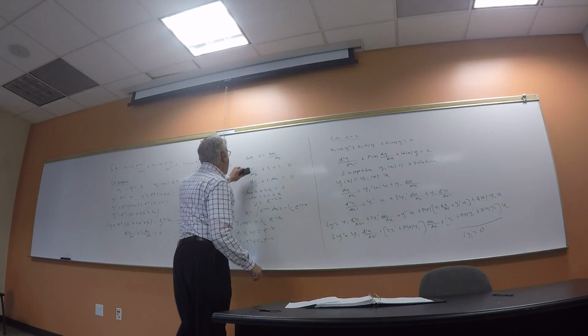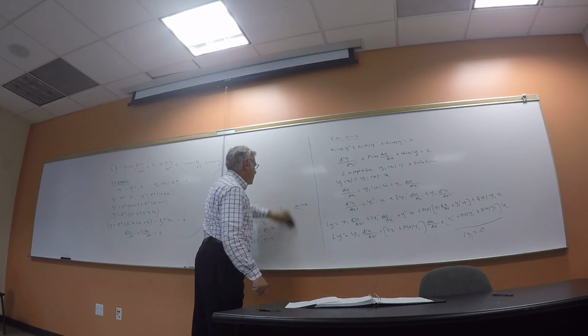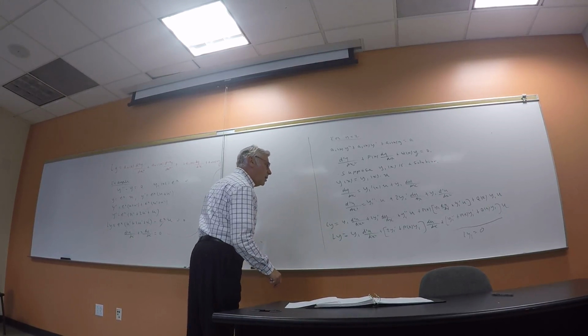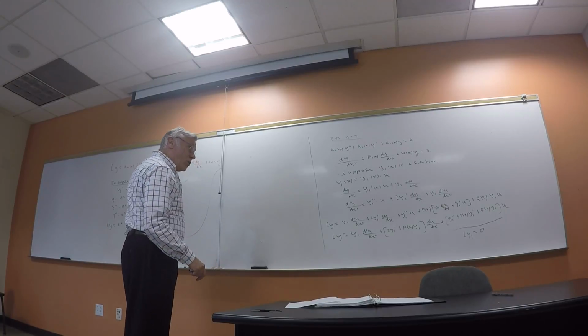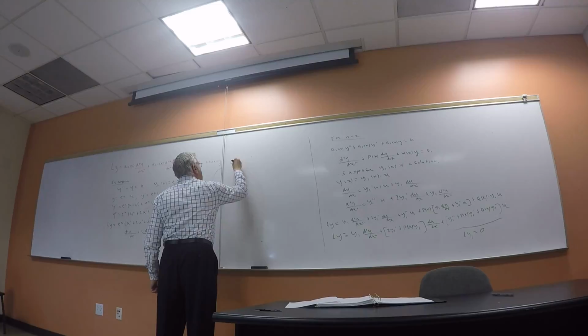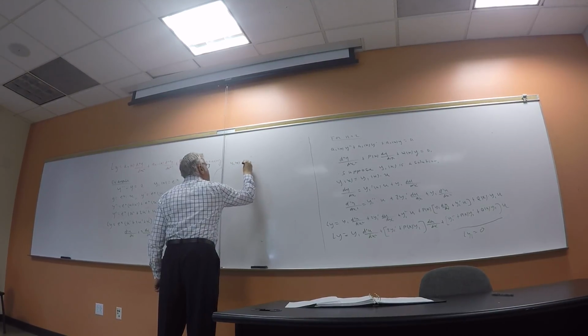Let's see what we can do with that. So the differential equation that I have to solve now is going to be y1 of x, which is known, times the second derivative of u with respect to x, right?